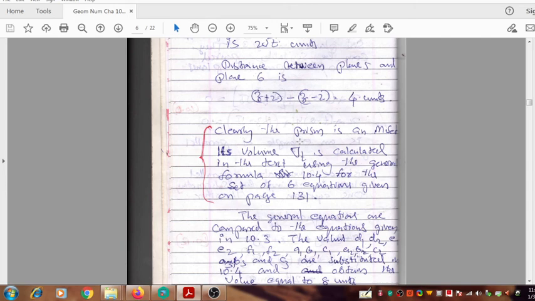So clearly our prism that is under consideration here is an M set. We want to know the volume of the M set. How can we obtain the volume of the M set?